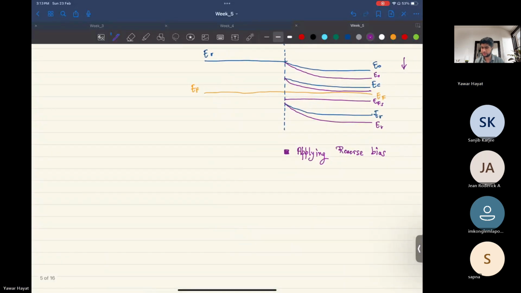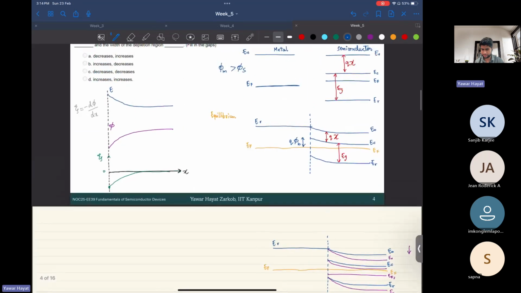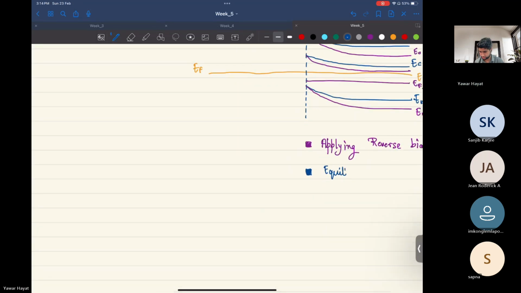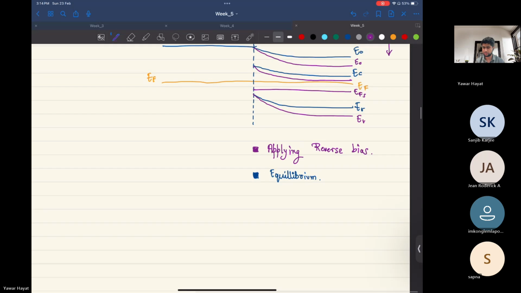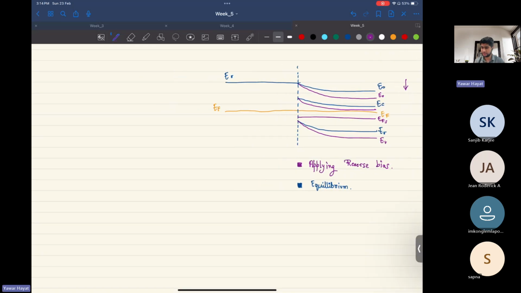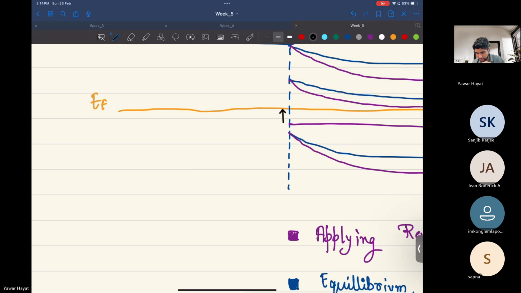And this is your equilibrium. This distance would be VR.